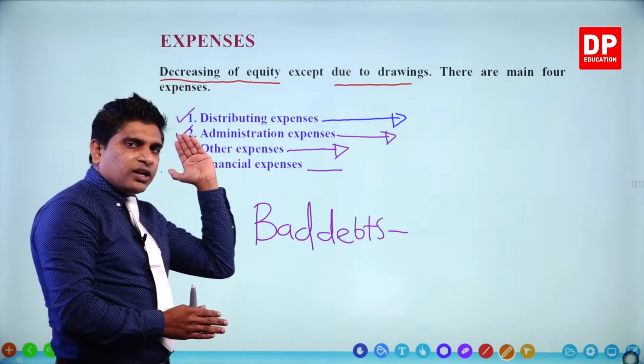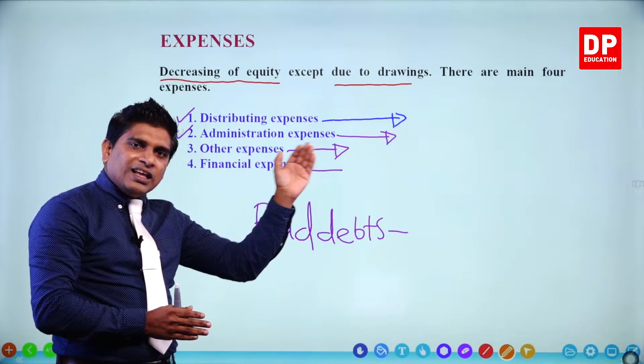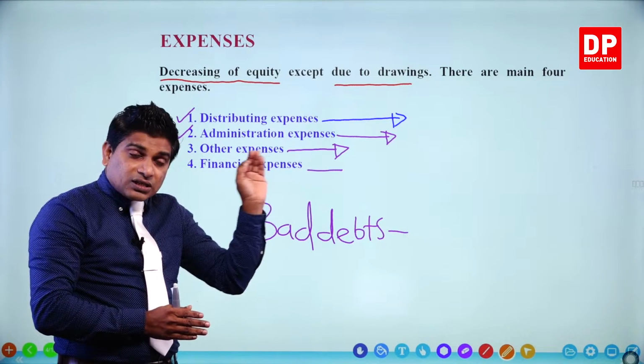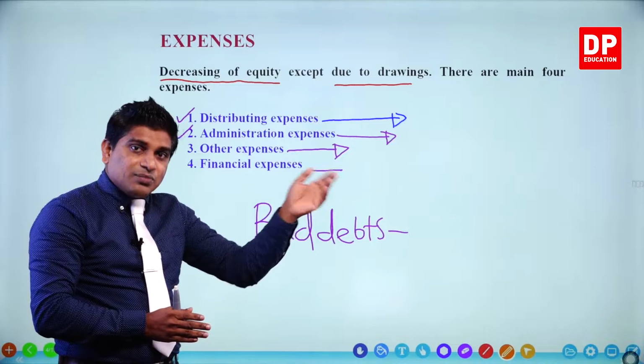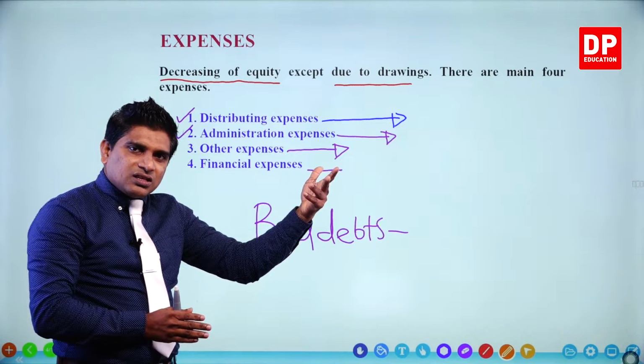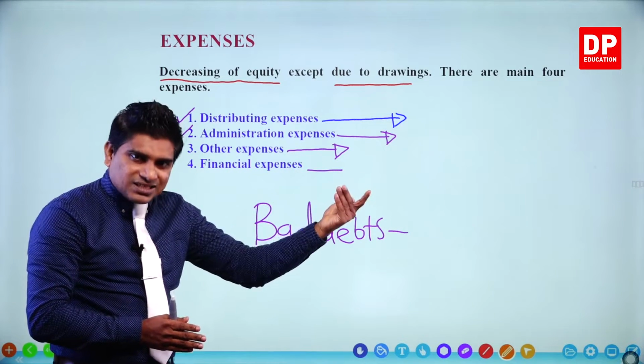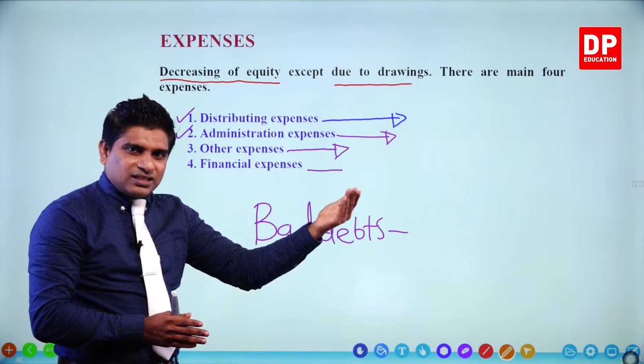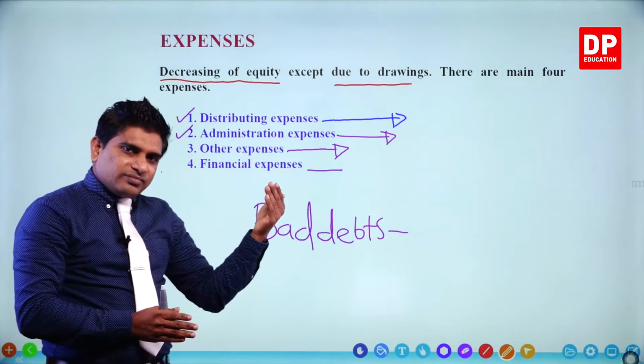Now I'll revise again, I'll give a summary. Distributing means distributing-related activities: commission expenses paid by the business for sellers, sellers' commission, advertising.